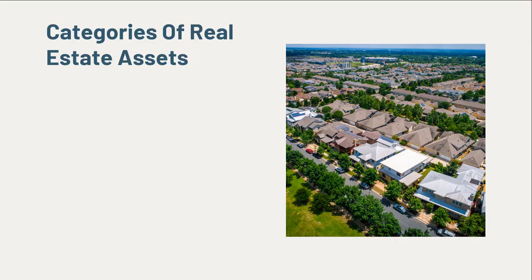Okay, so let's start really basic here and talk about the different categories of real estate assets that exist. So, most basically, we have land. Okay, so this is raw land. And by raw land, what we mean is land that has not been developed. Land can also be in different stages of development.